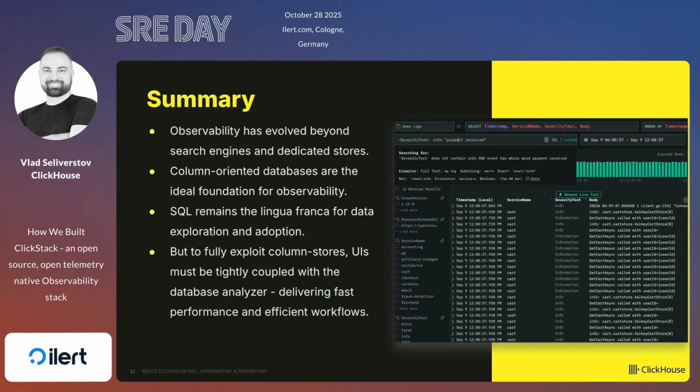You need a UI that really understands your database. It really understands the database optimizer, the schema, how to generate efficient queries for the workflows users care about. And that's the challenge that we're still working on as we evolve ClickStack, making the UI smarter so it continues to deliver the best possible experience on top of the very powerful foundation of ClickHouse and OpenTelemetry.